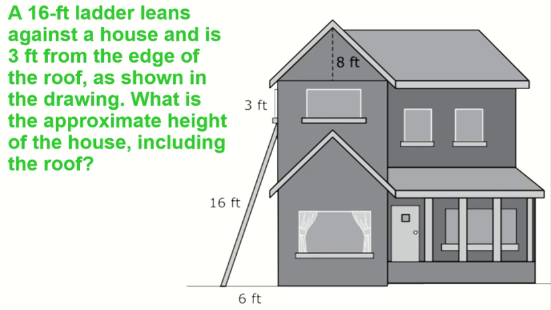So one last one. It's maybe a little bit on the tricky side, just a little extra to it. We got a 16-foot ladder leaning against the house and is 3 feet from the edge of the roof. We need to find the height of the house, including the roof. So we're looking for that height, whole thing.